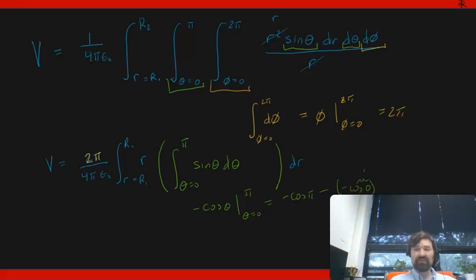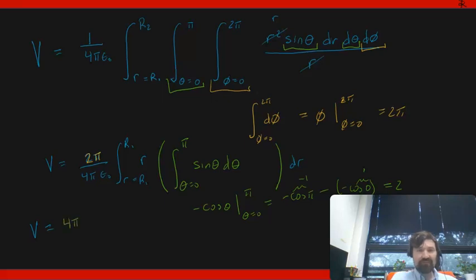Cosine of 0 is 1. Cosine of pi is negative 1. So I have minus negative 1, so that's positive 1, minus negative 1, so that's plus 1 more, so that's 2.